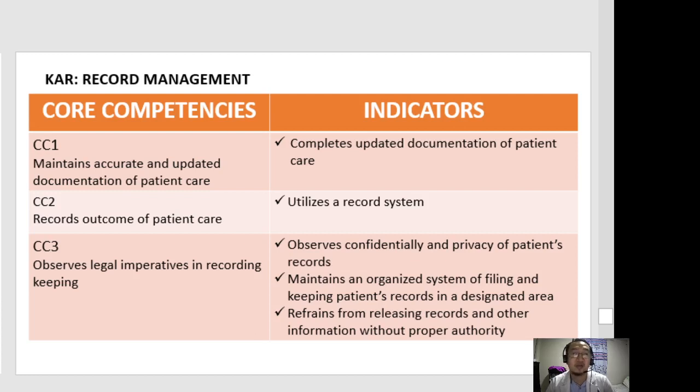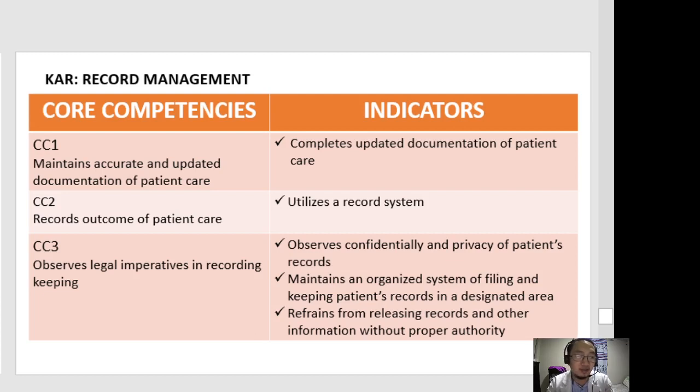From time to time, you need to update it until you endorse it to the incoming nurses. This is also to track the progression of the patient's condition.